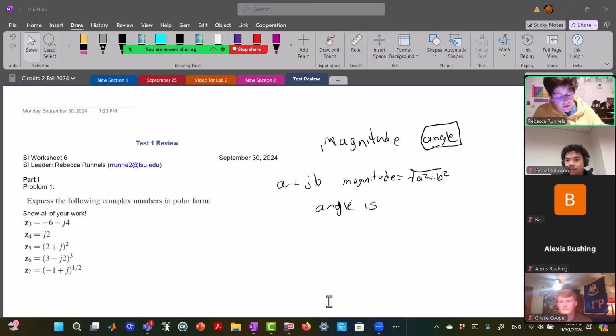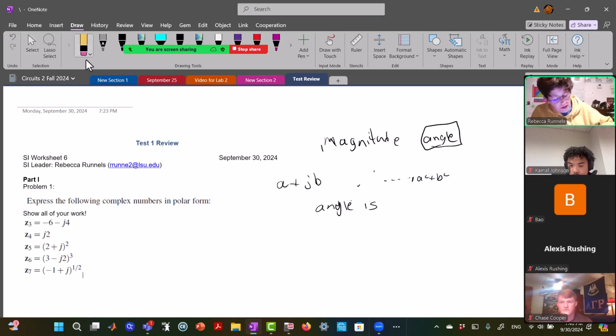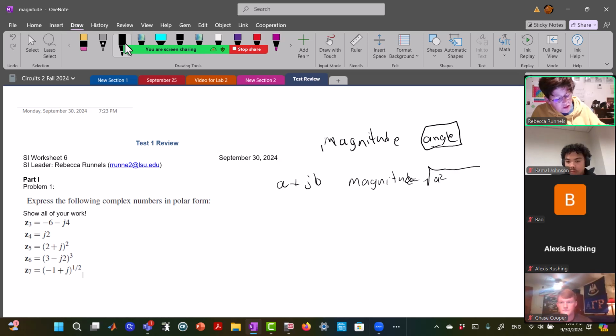Okay, so when you have a complex number in rectangular form, that means it looks like a plus jb, and the magnitude is the square root of a squared plus b squared, and the angle is the inverse tangent of b over a, and then maybe plus or minus 180 degrees.